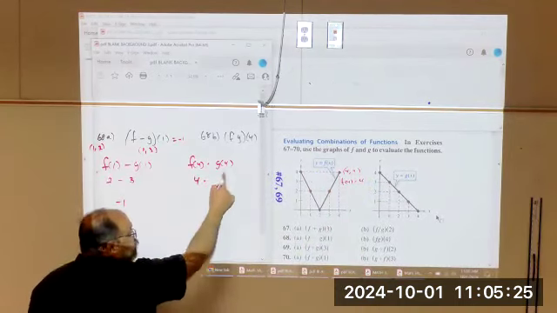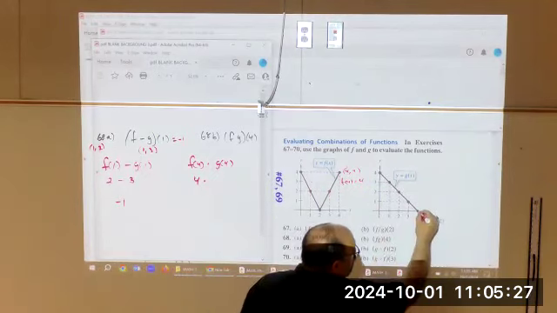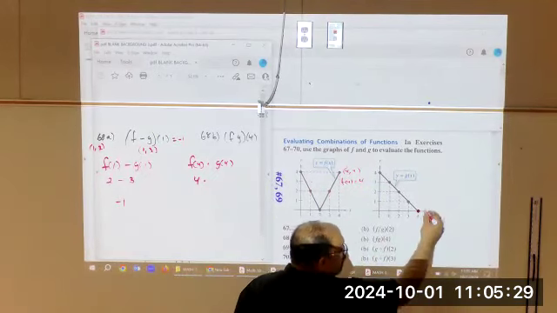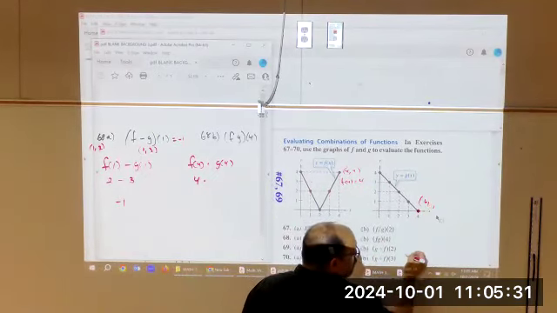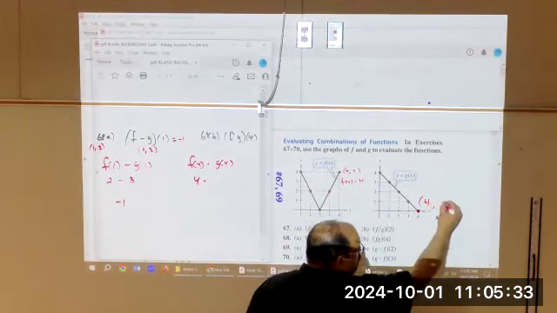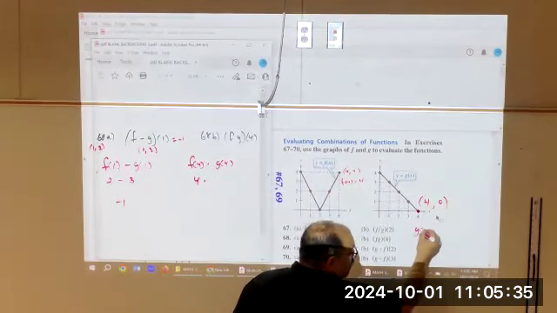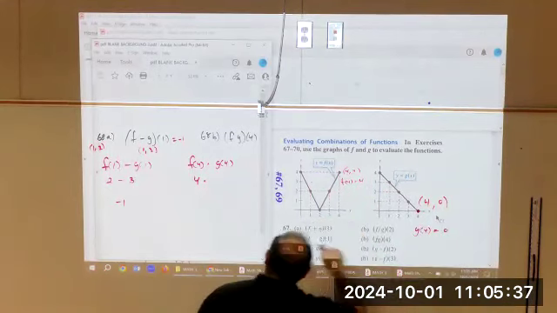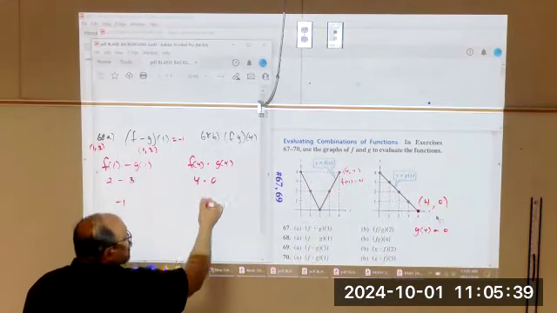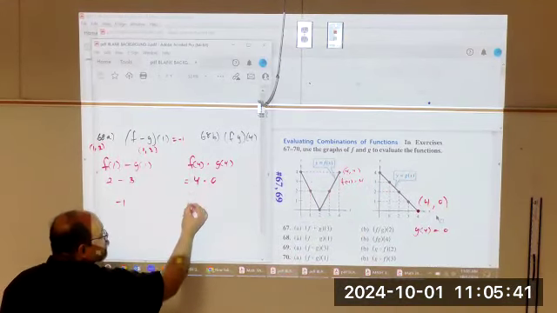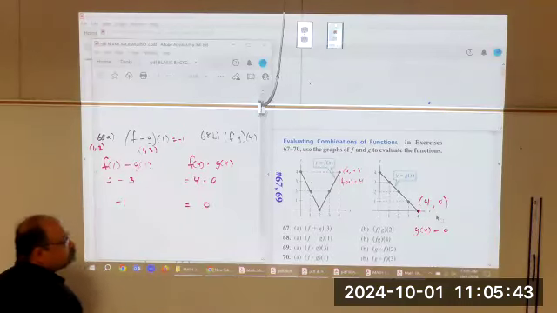Times G of 4. On the G function, here's X is 4. What is Y right there? 0. So G of 4 is 0, and 4 times 0 is 0.